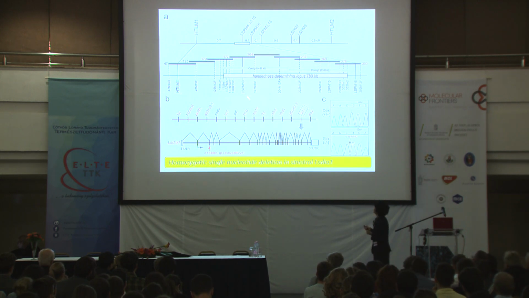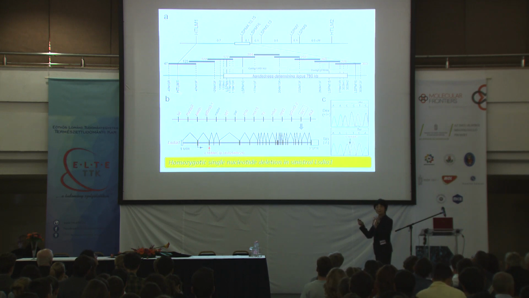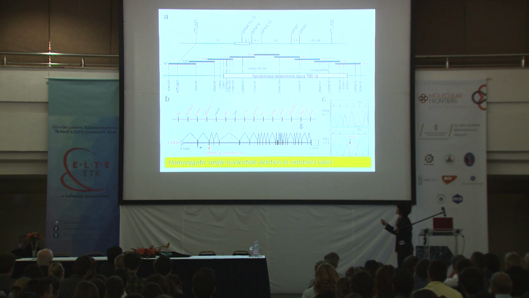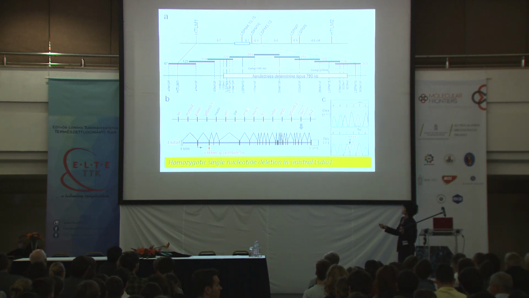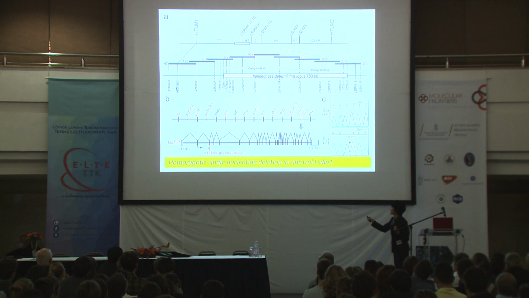Actually, we're not lucky, we had 780 kilobases with no recombination. So it's a cold spot for recombination. Then out of that, there are 15, and we picked up the 13 maternal ones, and we sequenced all of them. And this diaphanous, there's diaphanous 1 and diaphanous 2, they are tandemly repeated.